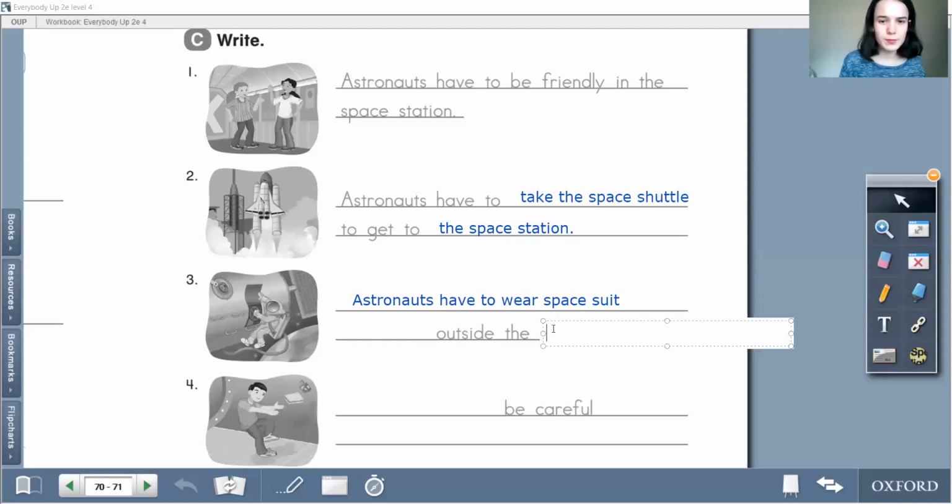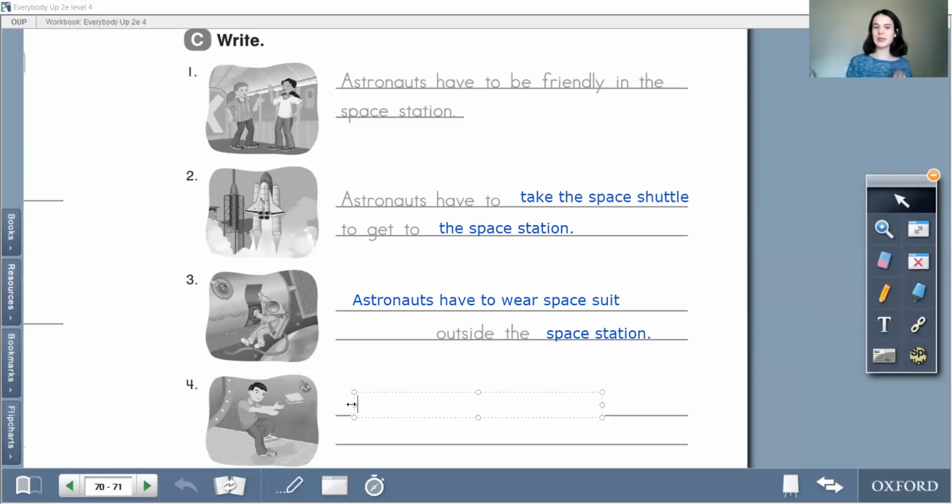Great. Astronauts have to wear a spacesuit outside the space station, right? Great.